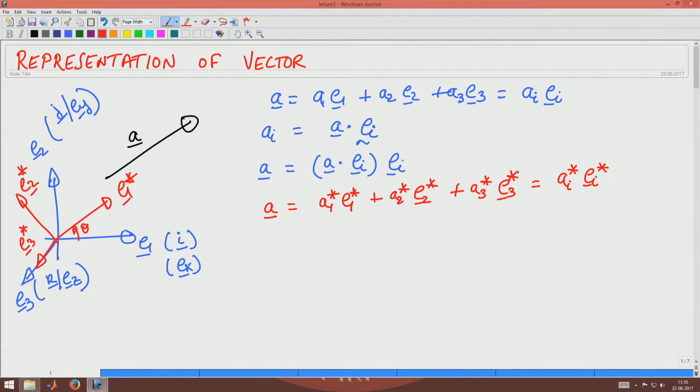Or I can write this A as A dotted with Ei star, Ei star.